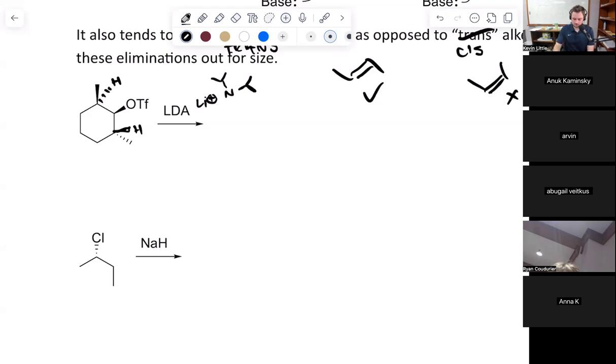That's LDA. You can see why it's a good base. You can see why it's bulky. It's literally lithium diisopropyl amide, which is just a negative amine. So is the base going to take the hydrogen on a wedge or the hydrogen on a dash? The dash. It's going to take the hydrogen on a dash because it is anti to the triflate.